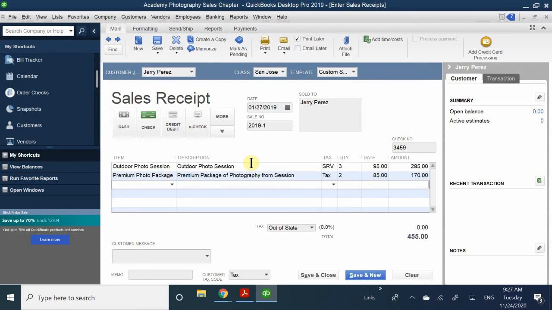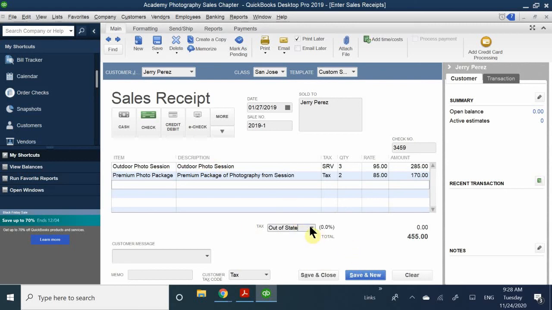So that is why we don't have tax. Okay? It's a service. Right? So then, but we sold a product to Mr. Jerry Perez, so therefore we do need to tax him on that. Right? So here we have his grand total of $455 even. Now that's because we haven't even talked about the tax yet.